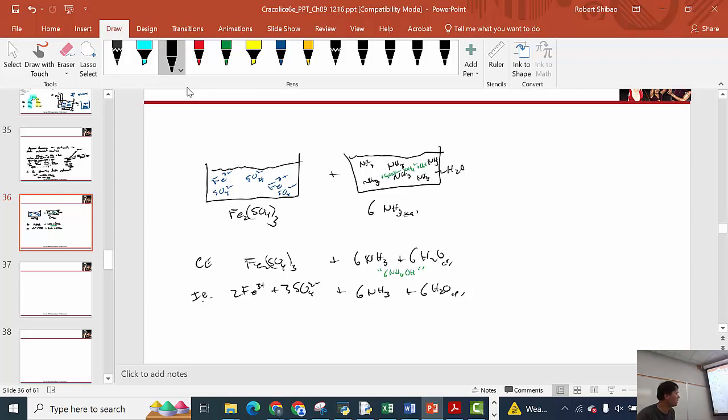Ammonia is a weak base. It's not a strong base. And so we leave it alone. And so in the ionic equation, only ionize the strong electrolytes. Only ionize the strong acids, the strong bases, and the soluble salts.